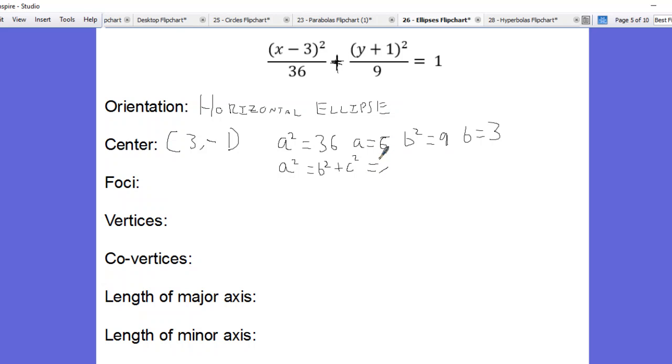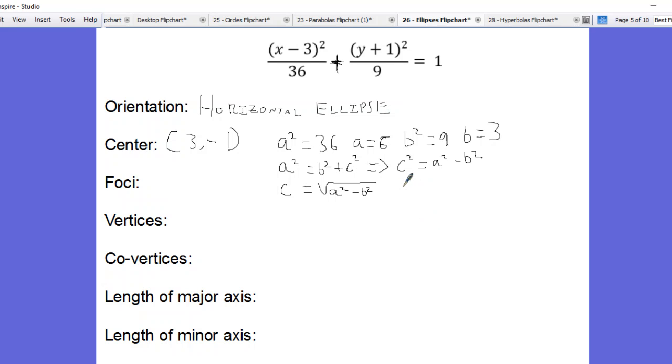So c squared is equal to a squared minus b squared, which means c is equal to the square root of a squared minus b squared. Okay?